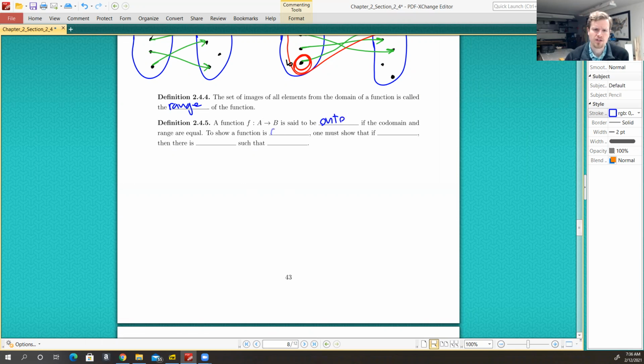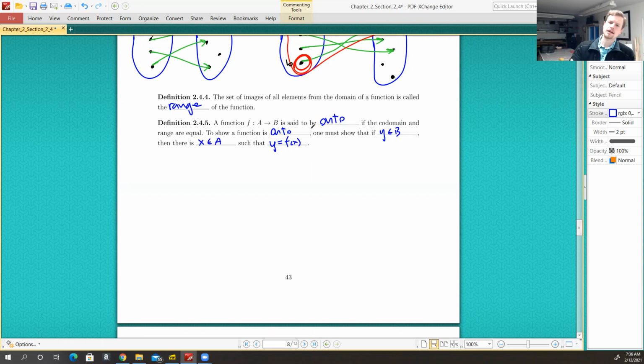To show a function is onto, we must show that the codomain is actually the range. So we must show that if we have some element y in the codomain, then it is in fact part of the range, meaning there is an element x in the domain such that y is equal to f of x.